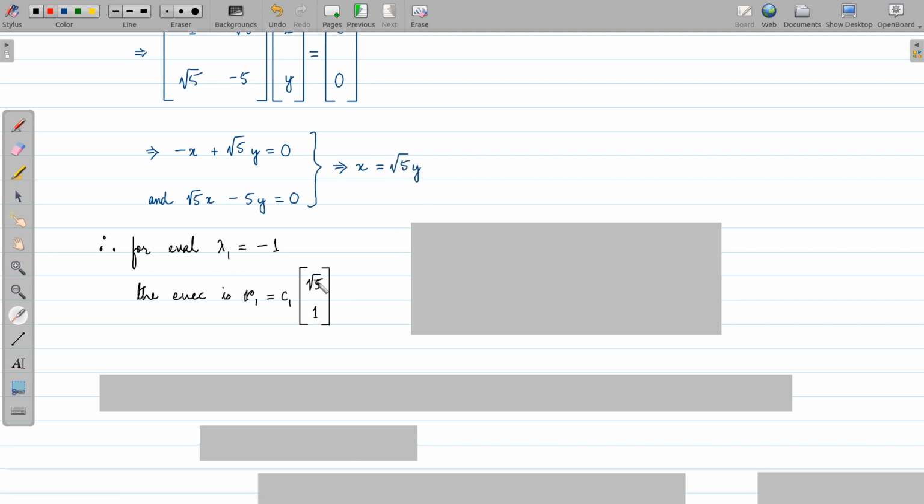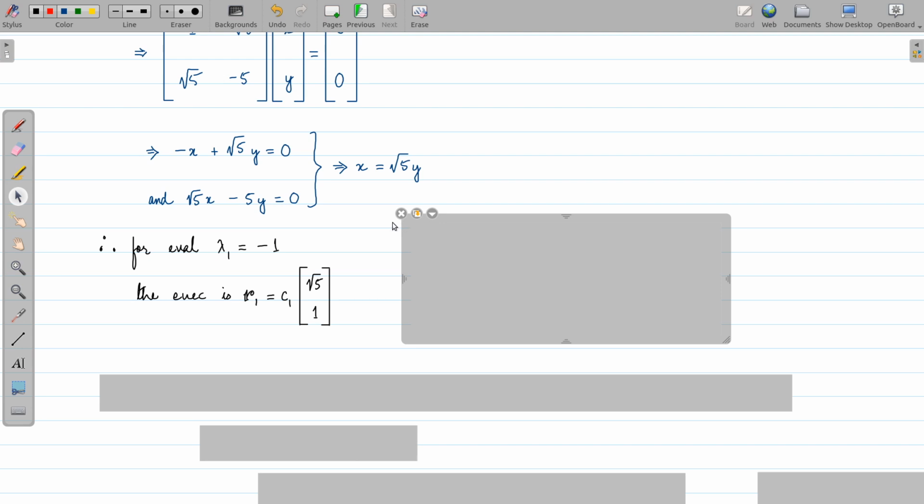Then I can multiply this with some constant c1. I put the constant c1 so that it gives me the flexibility of normalizing this eigenvector whenever I want. This gives us the first eigenvector.